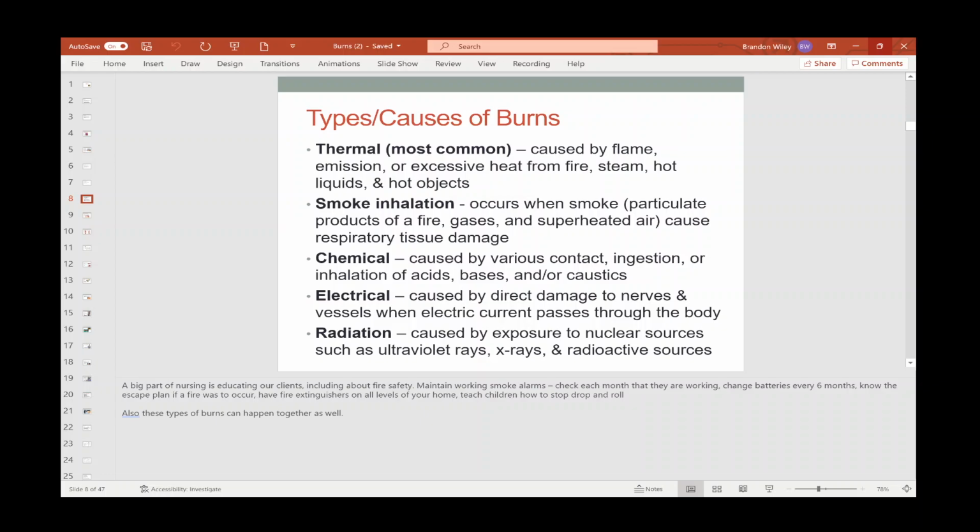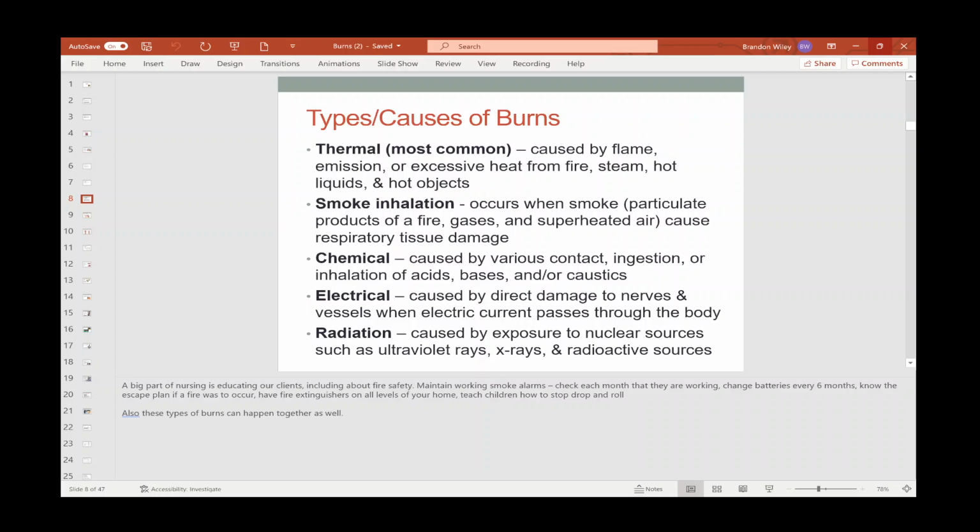I'm sure everybody's kind of experienced a smoky session, but if you're close to the fire, or it's a very large fire, and you're breathing in that particulate, it's very hot, and it's going into your respiratory tract. And that actually is what kills people, not necessarily being burned, but in a house fire, 9 times out of 10, they actually die from smoke inhalation. So basically, it's just super hot air.